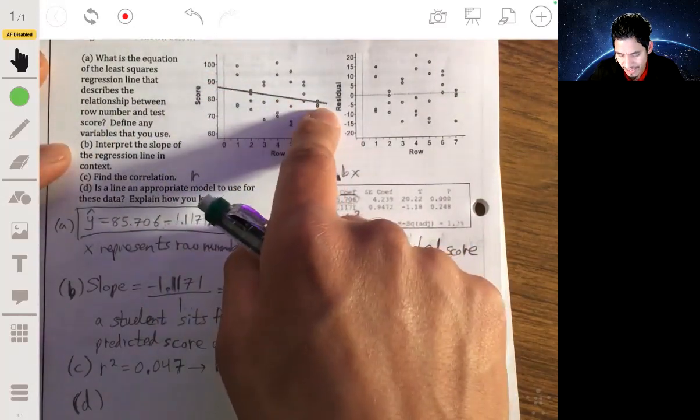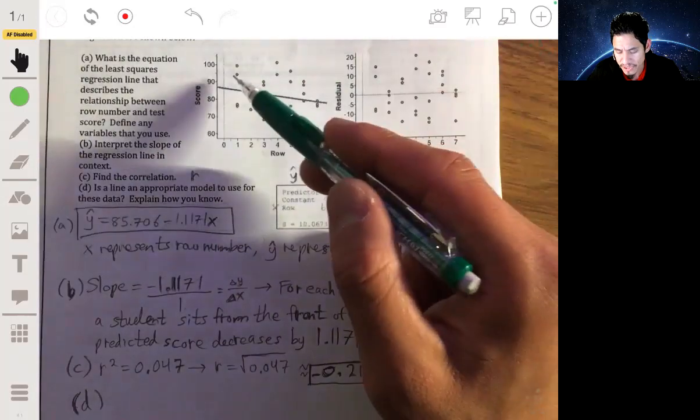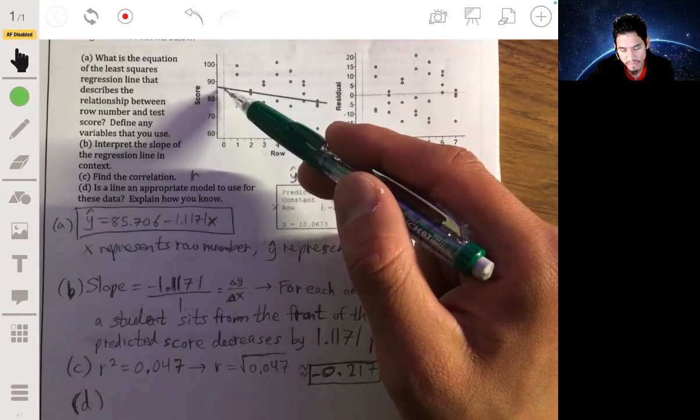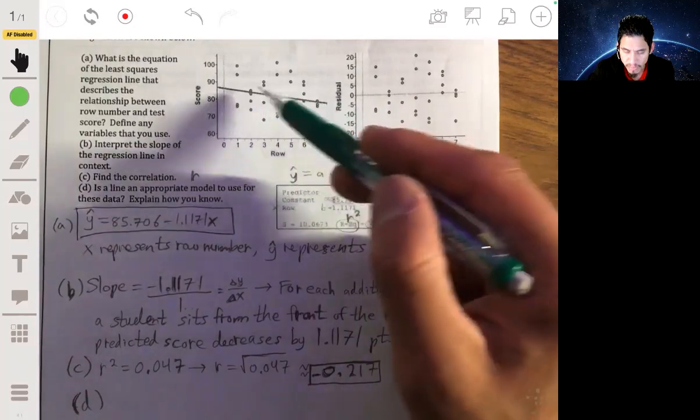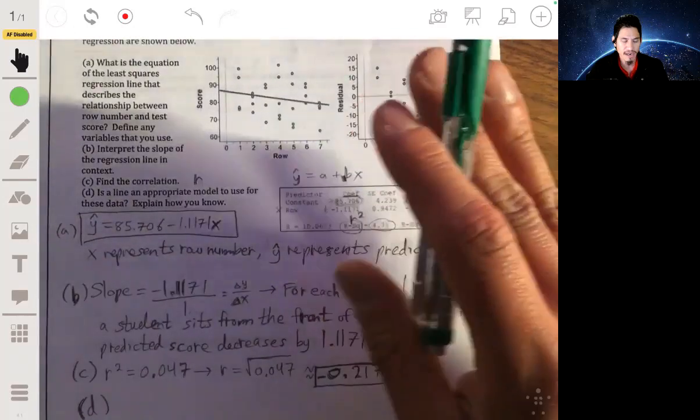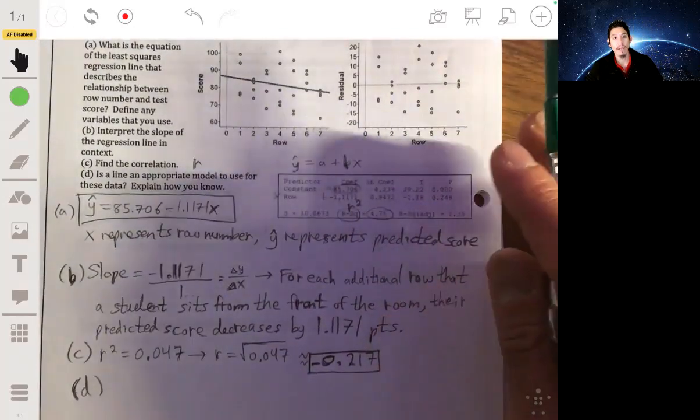You can't just look at it with your eyeball and say, oh yeah, a straight line predicts that. We technically don't know if maybe a curved line would be better or make more sense just by looking at it. Remember, we can't just trust our eyesight. We were not built for that.